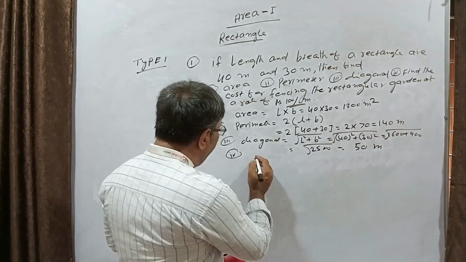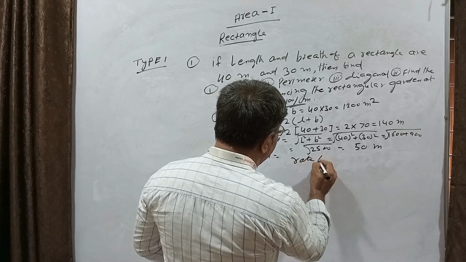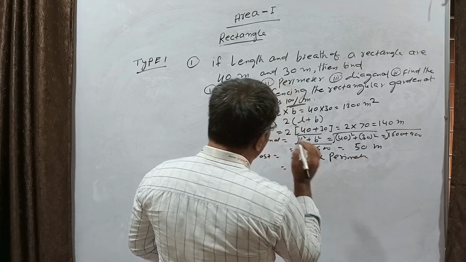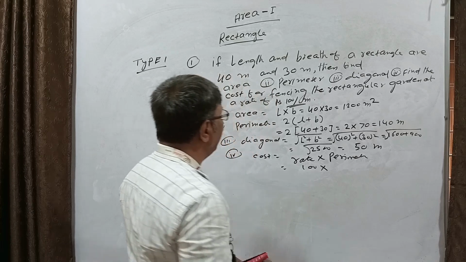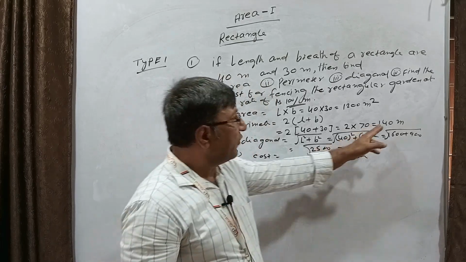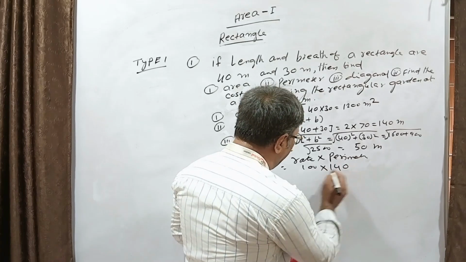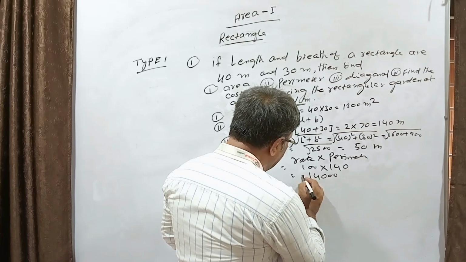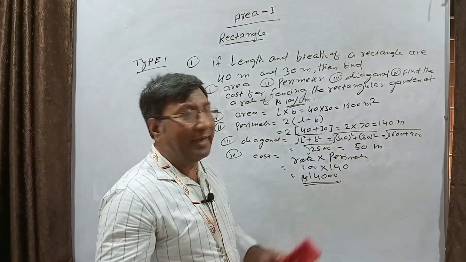So cost equals rate multiplied by perimeter. The given rate is 100, and the perimeter of the rectangular field we already found is 140 meter. Just multiply 100 by 140 and we get 14,000. So 14,000 rupees is our correct answer.